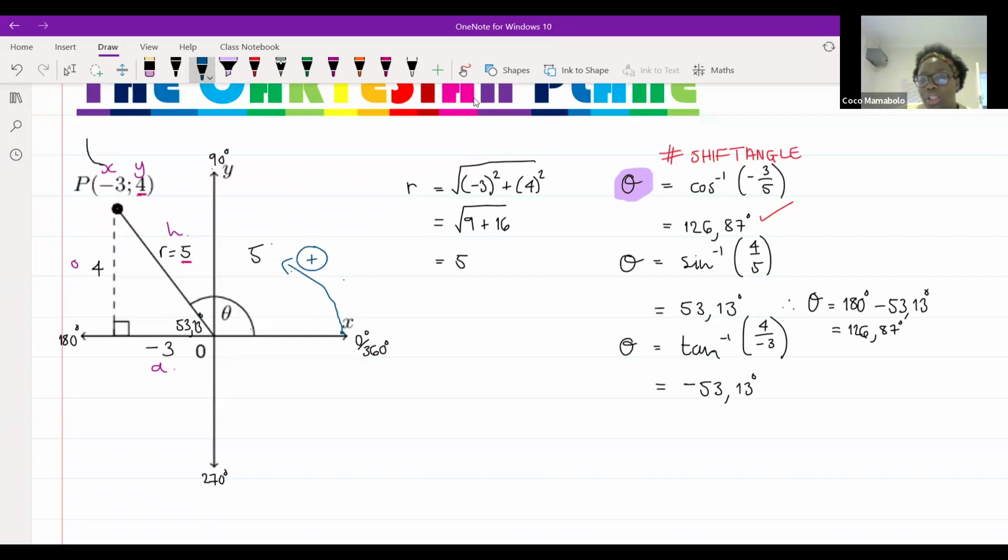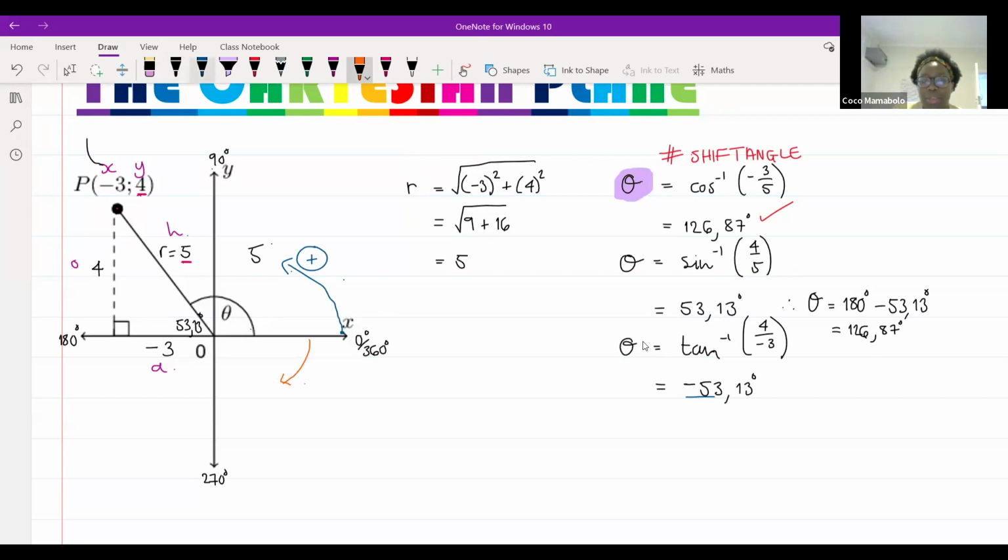Now, our calculator for tan gives us a negative angle. So in what direction do I need to move in order to accommodate the negative angle? I'd have to move in the opposite direction, right? So if I'm looking for negative 53,13, it'll be in this direction. It will move in that direction.